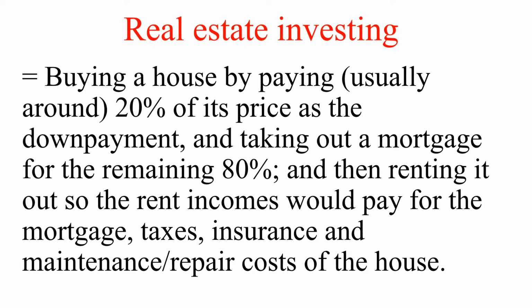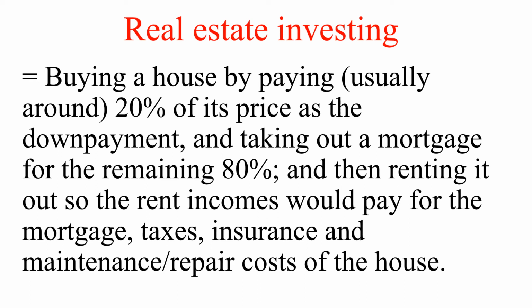What happens is that you typically pay only 20% of the house's price out of your pocket, called the down payment, and the remaining 80% would be paid by a mortgage, and the mortgage would be paid by your rent incomes.